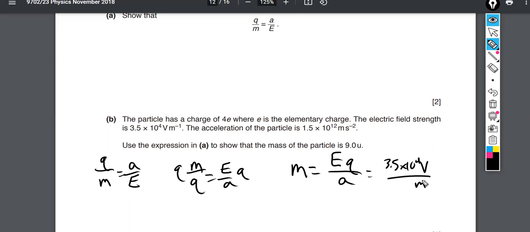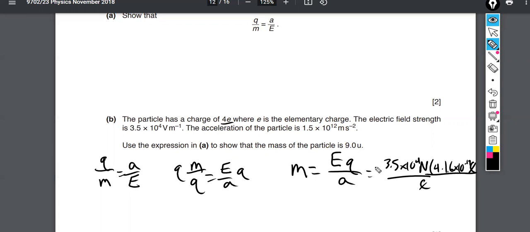Now that's the same thing as a Newton per Coulomb, and it might be better to leave it with those units. So a volt per meter is equivalent to Newton per Coulomb, force per charge. The charge, they give us 4e. All right, so 4 times e is 1.6 by 10 to the negative 19 coulombs. So the coulombs are going to cancel.